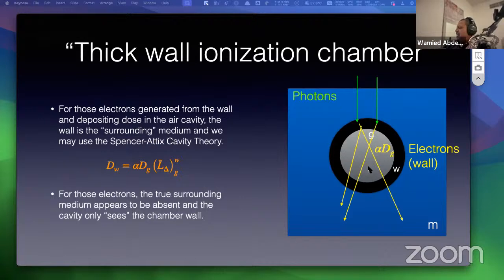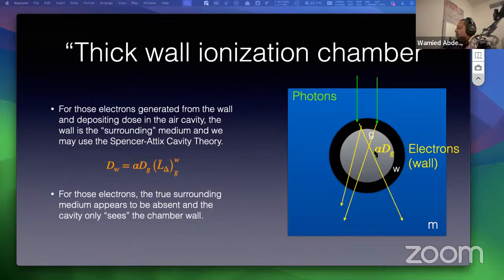Essentially, for that part of the dose, the wall material acts as the surrounding medium. Okay? So for these electrons, we can then use the Spencer-Attix cavity theory to calculate the dose in the wall.